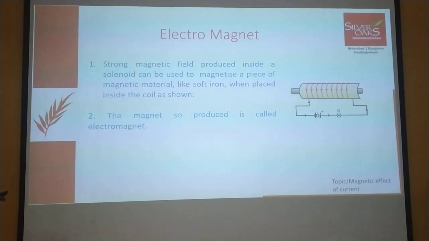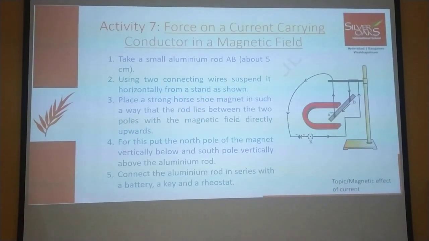So this is the electromagnet. The solenoid can be converted into an electromagnet by inserting a soft iron core. The solenoid is not an electromagnet; it becomes an electromagnet only when a soft iron core is inserted. And you already know the various applications of electromagnets.